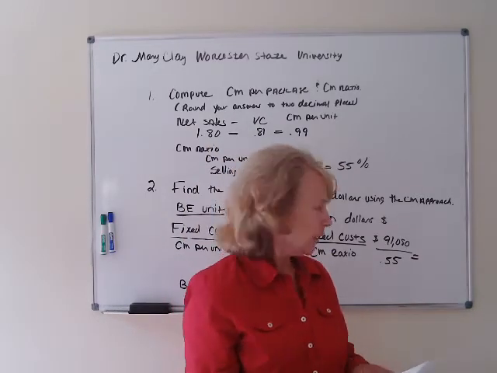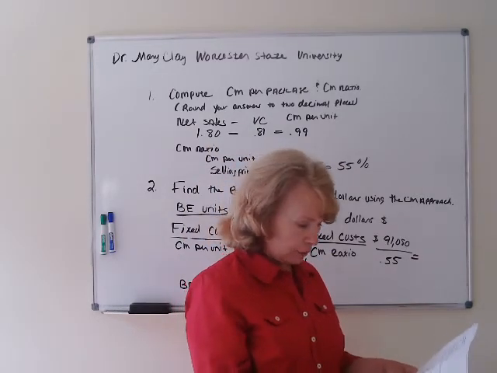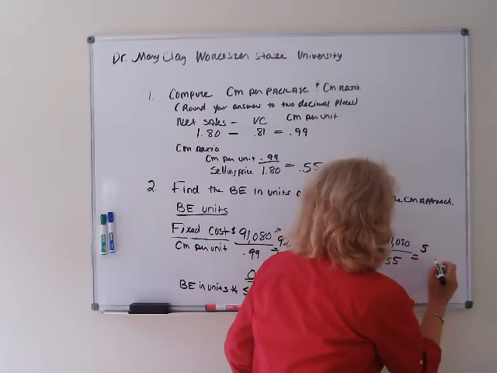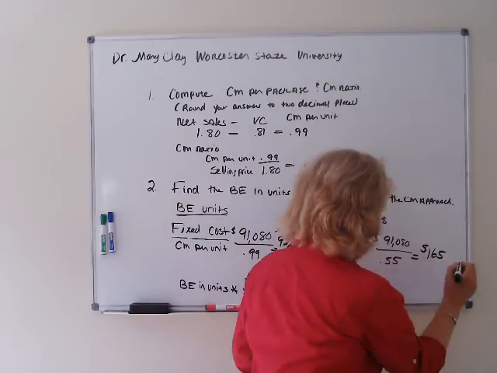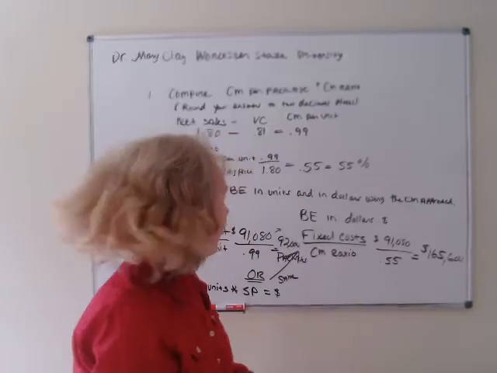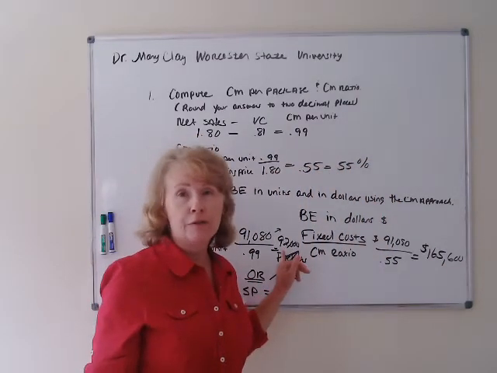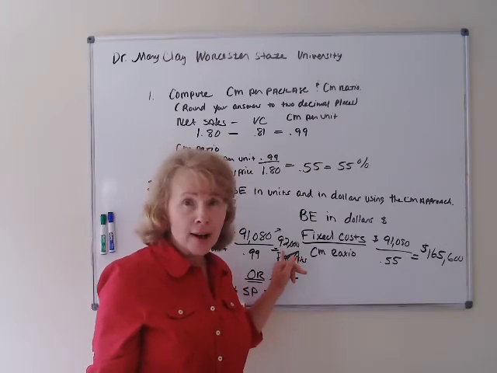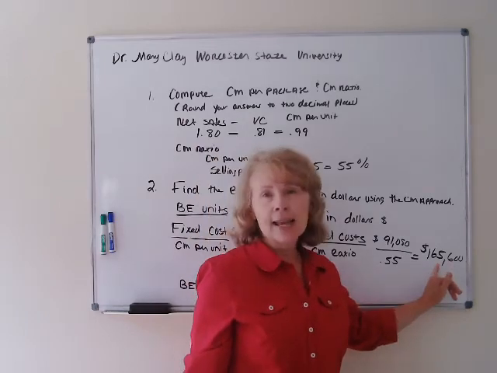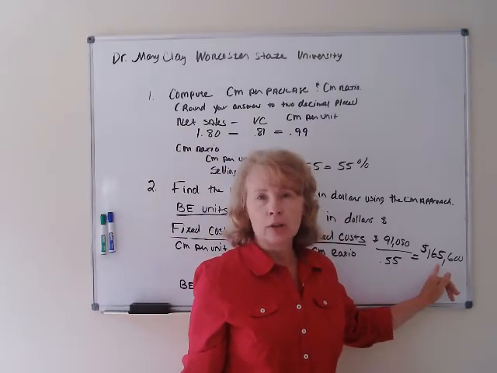So 91,080 divided by 0.55 gives you, and that's a dollar figure, 165,600. Now let me point this out. Do not put a dollar figure on the 92,000. That's not a dollar figure. That's break-even in units. For break-even in sales dollars, put in your dollar symbol.